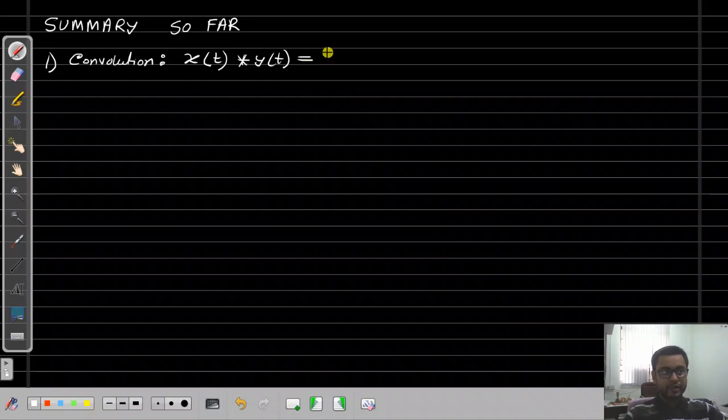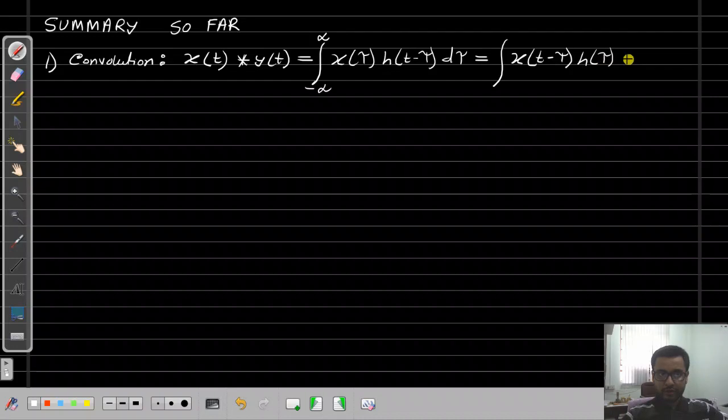This is given as ∫ x(τ) h(t − τ) dτ from −∞ to +∞, which is also equal to ∫ x(t − τ) h(τ) dτ from −∞ to +∞.